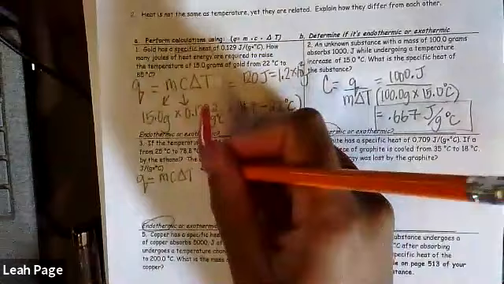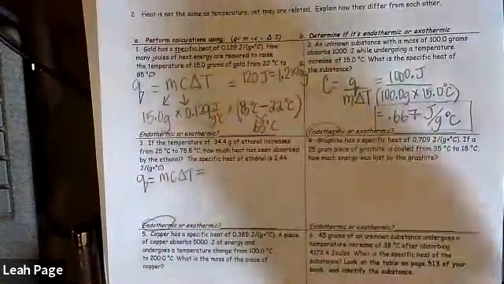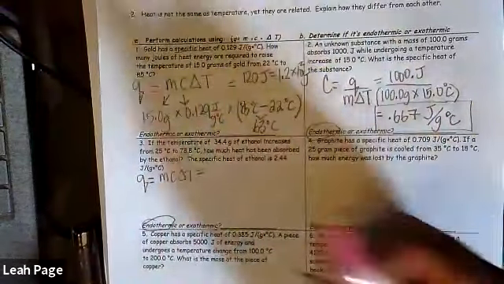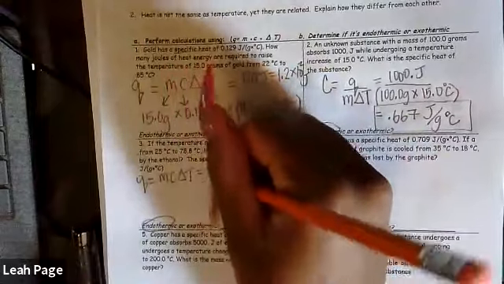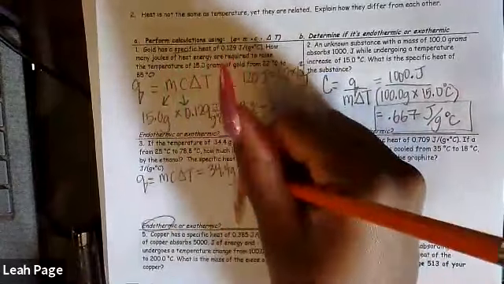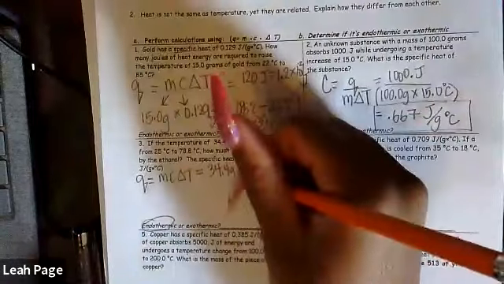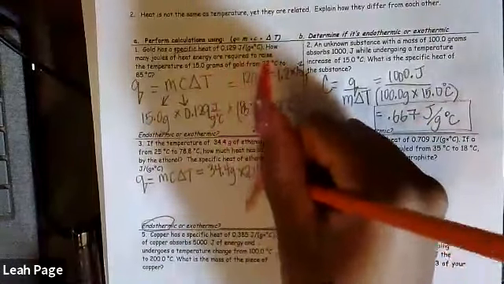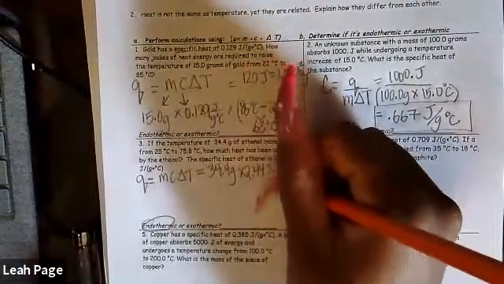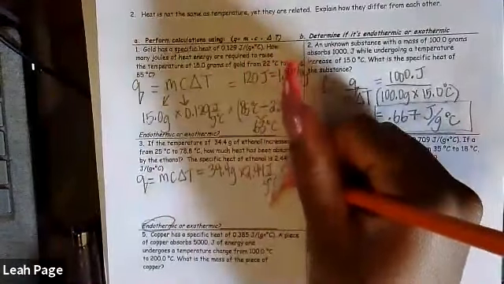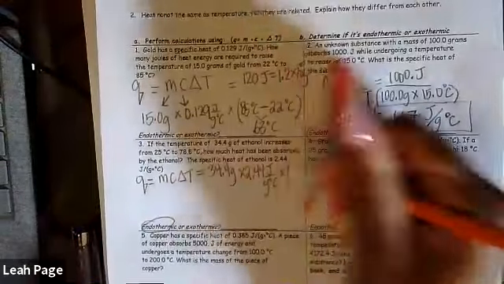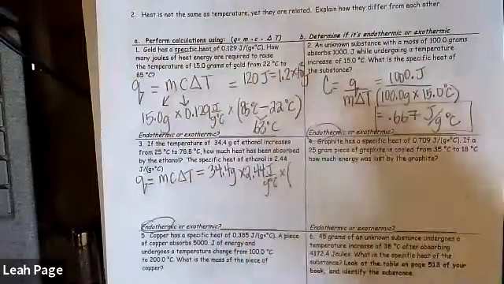All right, so in this case, what's my mass? 34.4 grams. What's my specific heat capacity? It says 2.44 joules per gram degree Celsius. And then my change in temperature is what, guys?